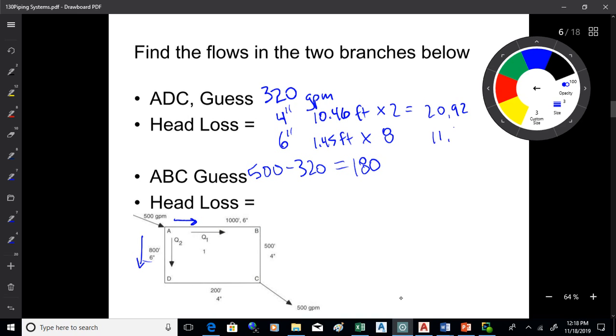What I'm pulling off of the head loss charts is the head loss per 100 feet. The 4-inch pipe is 200 feet long, and the 6-inch pipe is 800 feet long. So that's why I'm doing that.